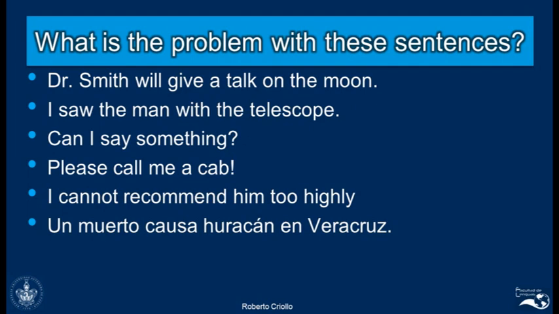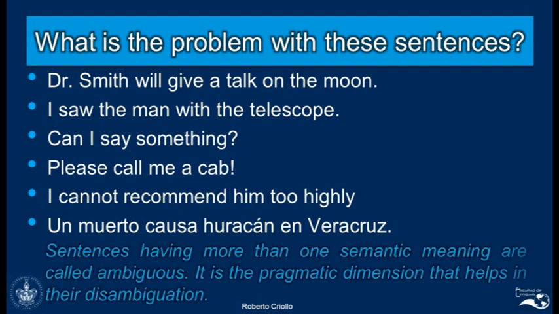So all of these sentences that we see here are ambiguous, and something important is that we need to use pragmatic knowledge, that is information about the context, in order to disambiguate these sentences. In other words, to understand what is the meaning that is being intended.